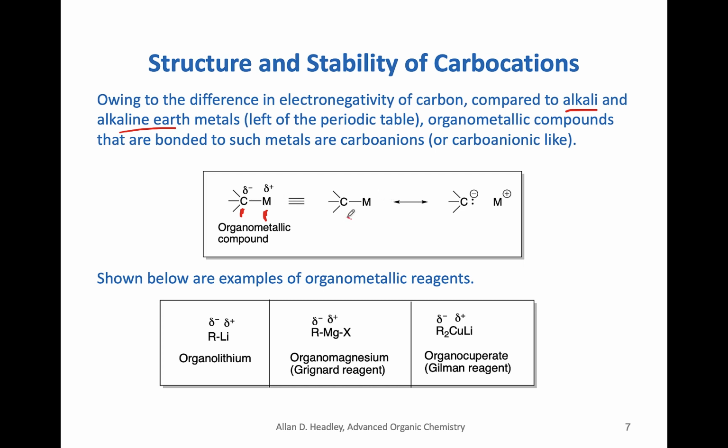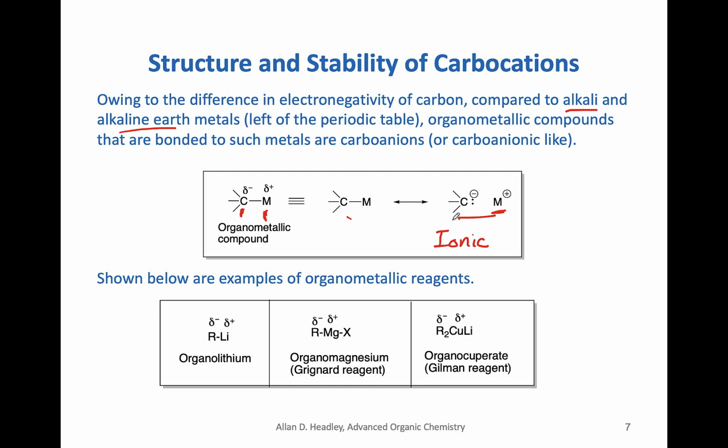So we can put the negative charge on carbon and the positive charge on the metal ion. Of course, as we'll see later on, if the metal is very electropositive, we have more of an ionic bond, just like sodium chloride. Here we have carbon negative, M plus.